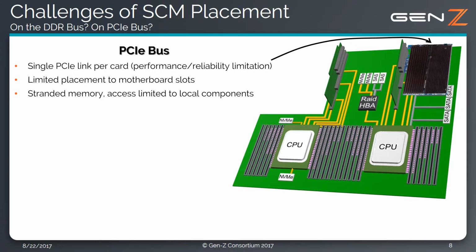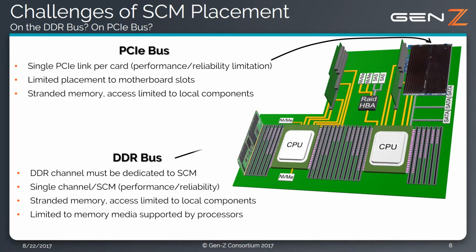Finally, the PCI cards are stranded resources on the local processor, as the storage class memory cannot be accessed in a byte addressable load store manner from any other server. Sharing the memory requires more complex protocols like remote direct memory access, or RDMA.